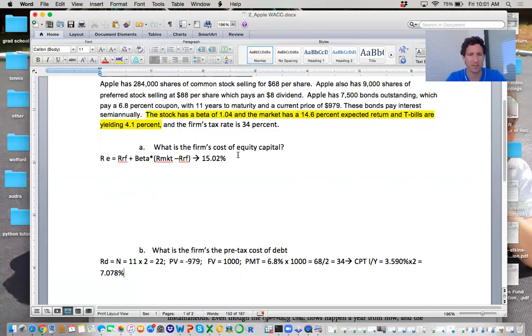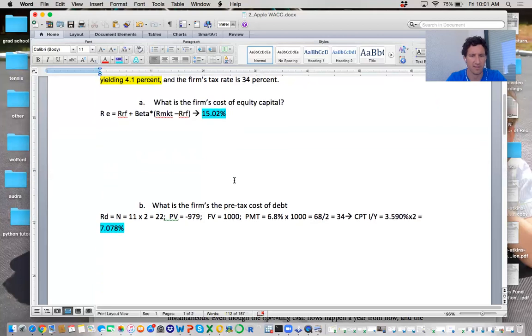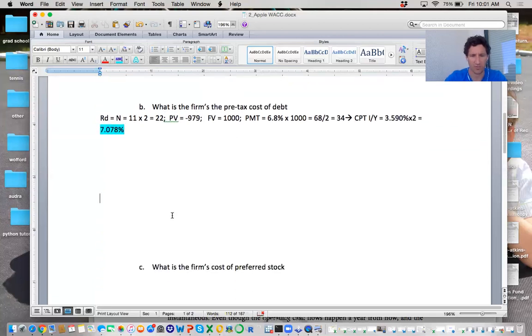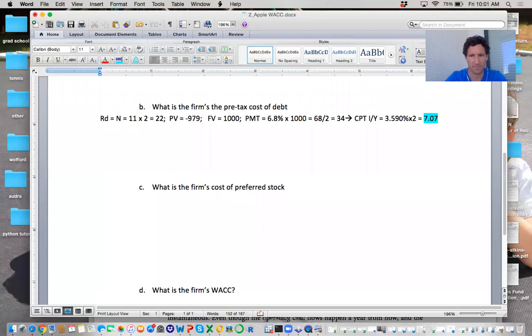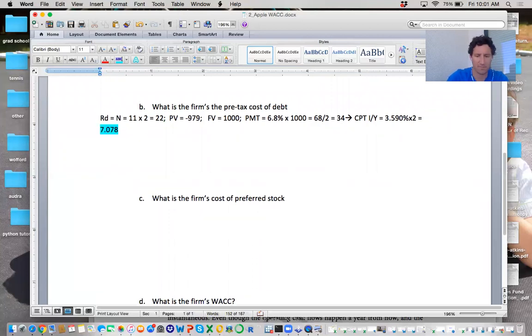Okay, so we've got our cost of equity here. We've got our cost of debt here. What about cost of preferred stock? Okay, cost of preferred, this one's pretty straightforward.